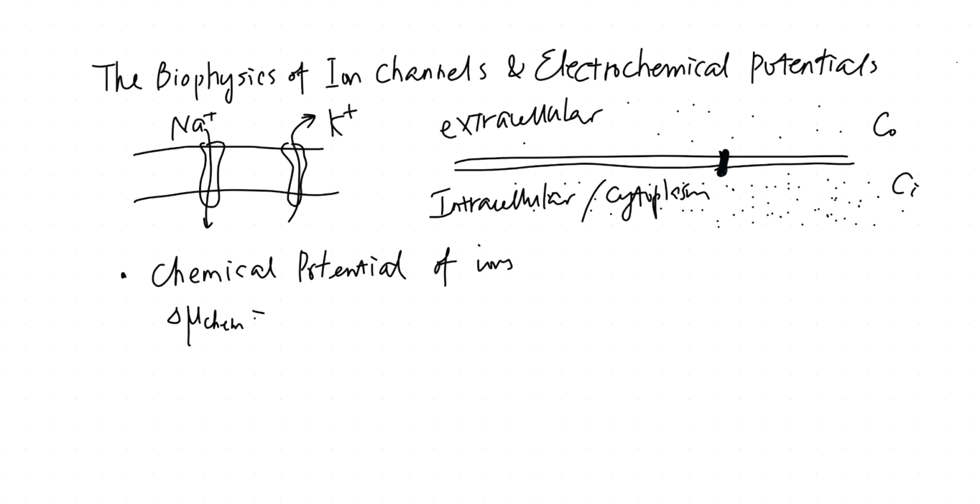This is approximated as RT natural log of C naught divided by Ci. That's it. This is the chemical potential difference of ions across the membrane.